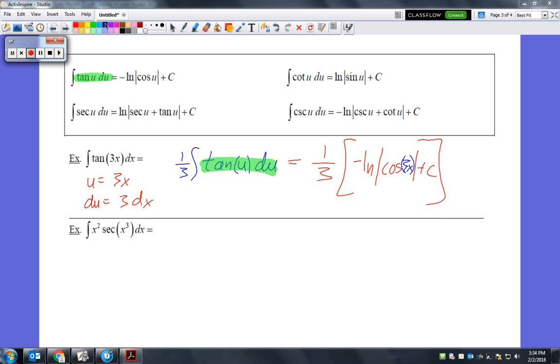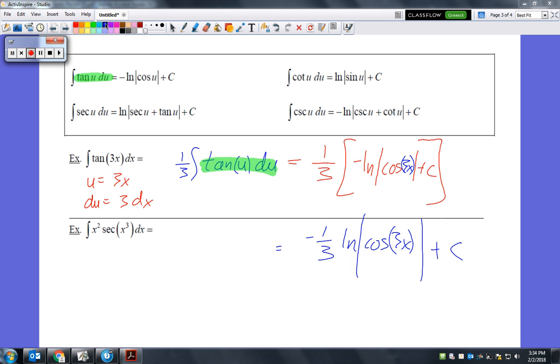At the end you don't need to change the 1/3 c, because it's still c. So we'll say negative 1/3 natural log of cosine of 3x plus c. Are we good? Okay. Alright, let's do the next one.